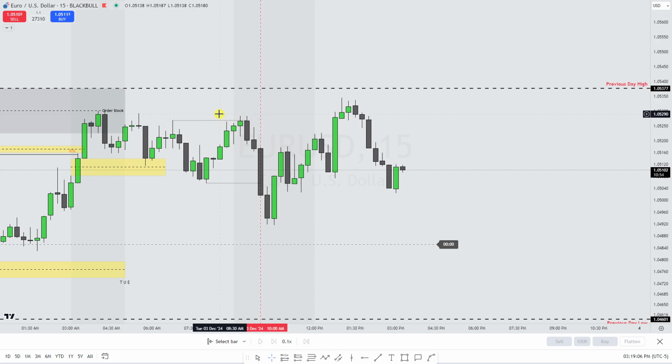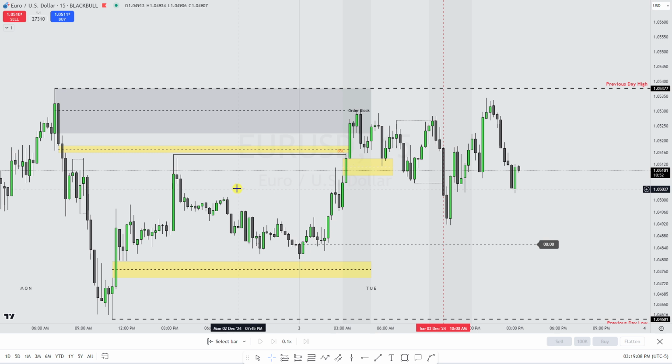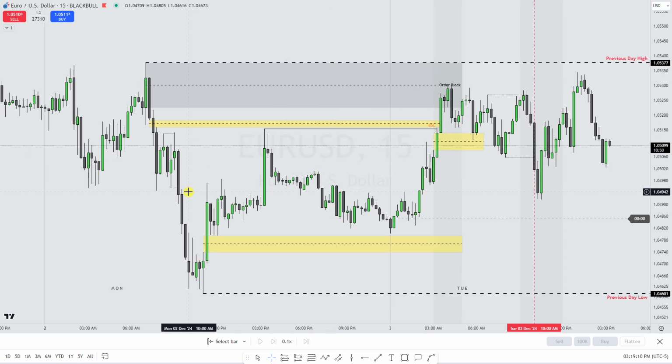So this is something that I'm paying attention to lately. I'm not sure about the frequency of this event repeating, but I have been seeing it for a couple of weeks now, where when the market reaches 9 a.m. it will sweep a swing high or a swing low, and then you will see a rapid move to either downside or upside.